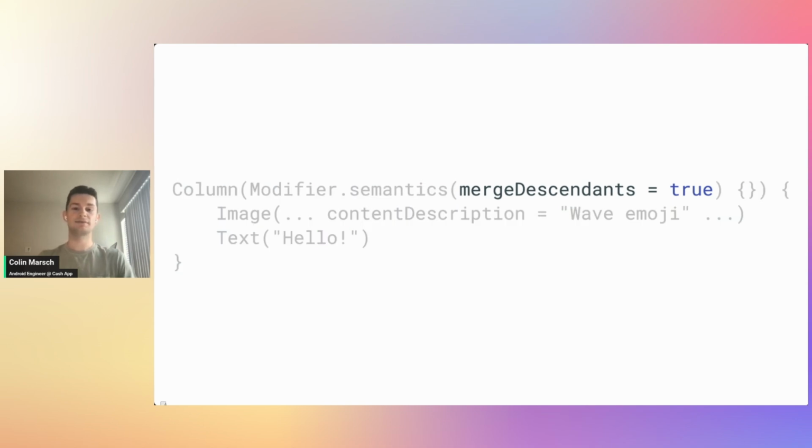In this case, we would see our screen reader highlight the entire column instead of the individual image and text. Then when it read things out to us, it would read out all together, wave emoji, hello, just to allow us to have a better understanding. Okay, yeah, this image and text are all related together.